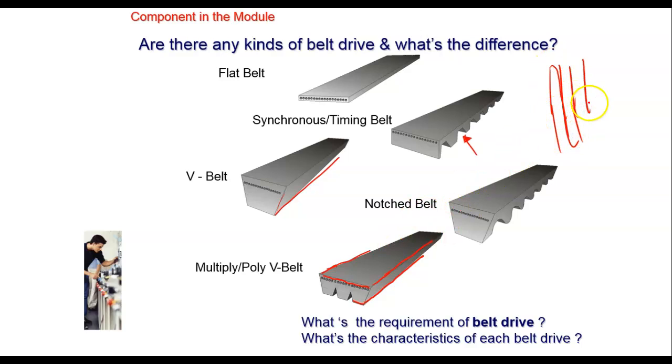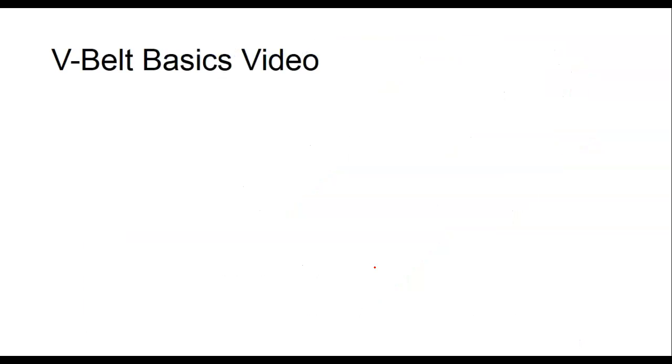The advantage of this is that if one of your belts breaks, then odds are you'll be able to run a little while before you go out there and replace it. If you have a single belt and it breaks, then you're in trouble, right? So if we use multiple V-belts, we get the extra pulling torque by each one of them sharing the load.